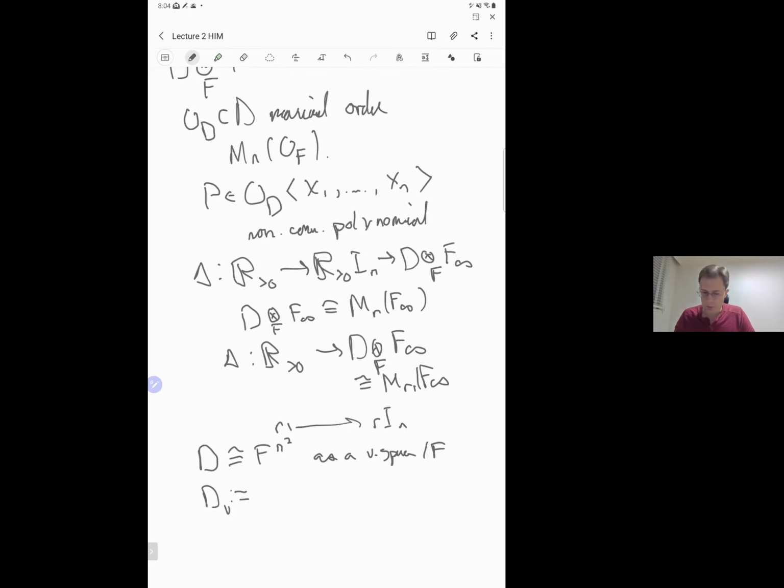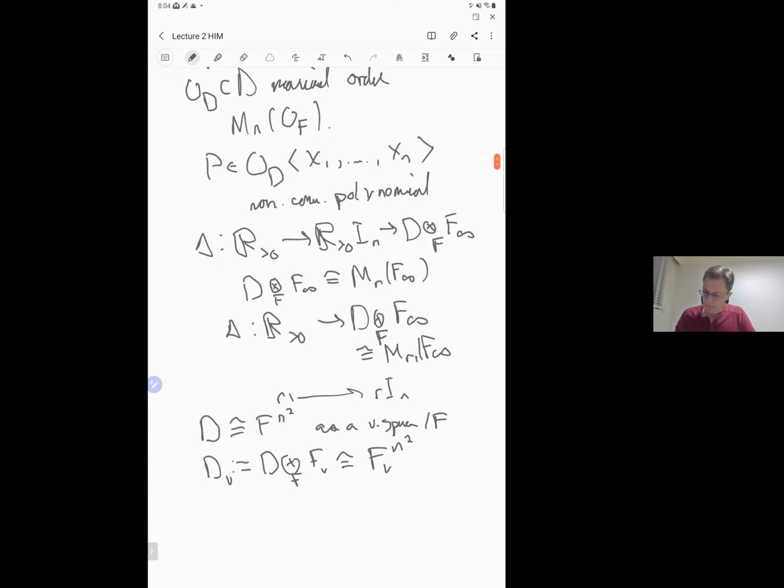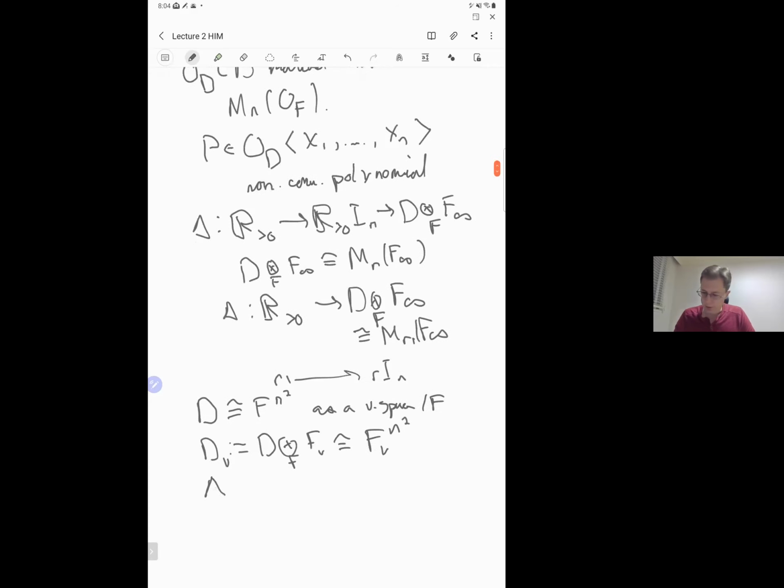D_v, which by definition I'll take to be D tensor over F of F_v, is isomorphic to F_v^(n^2). And I'll set D_A_F to be D tensor over F of A_F, which is isomorphic to A_F^(n^2) as an A_F-module.